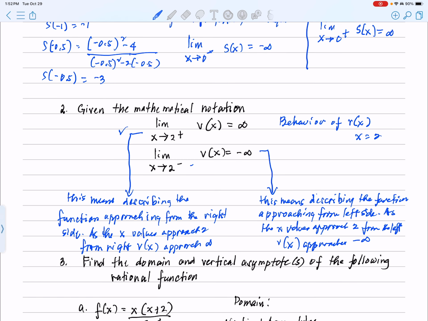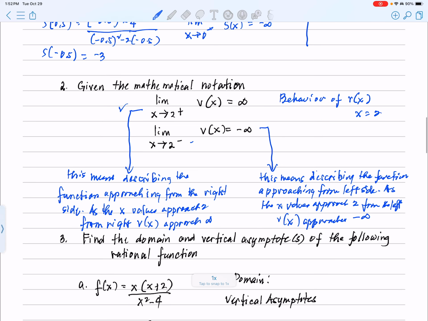All right. I think it's as simple as how you describe. When you are asked to describe, you say as the function approaches from the right side, because you see that positive sign, as the x value approaches 2 from the right, the v of x approaches positive infinity. So you have to look at where the function approaches, whether it's positive or negative infinity.